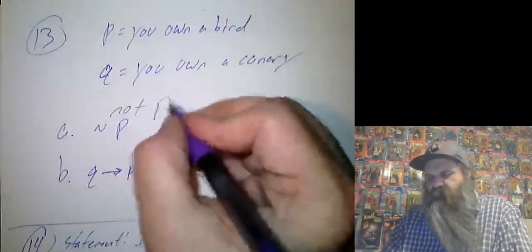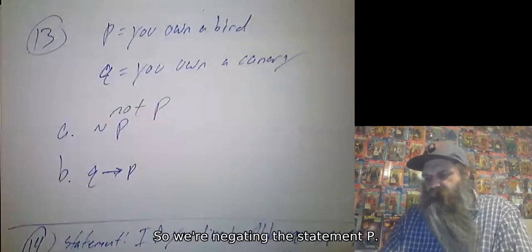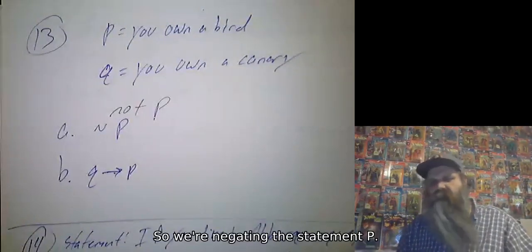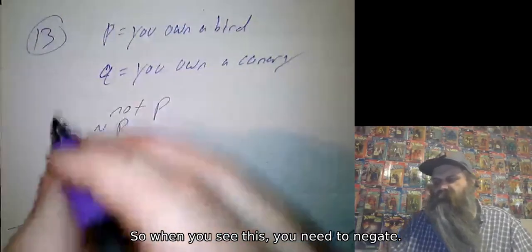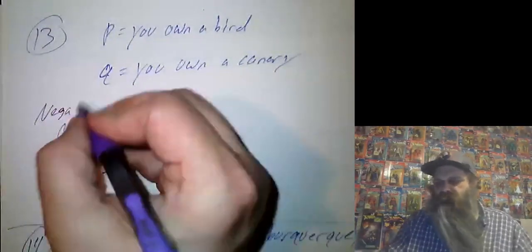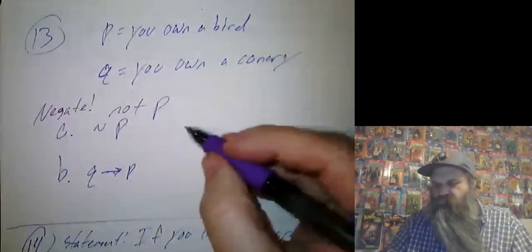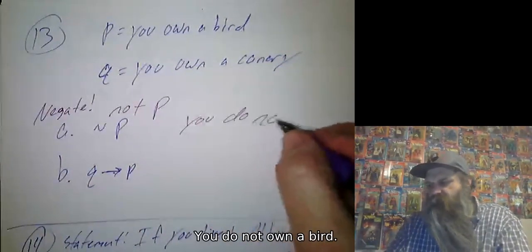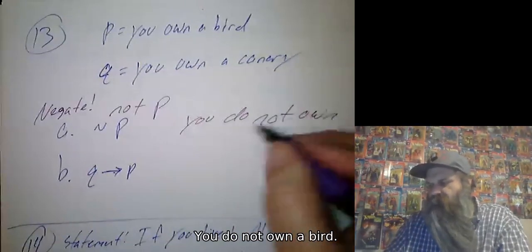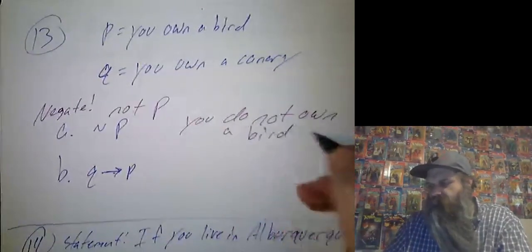It basically means not P. So we're negating the statement P. So when you see this, you need to negate. You do not own a bird.